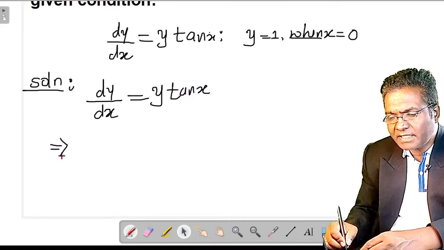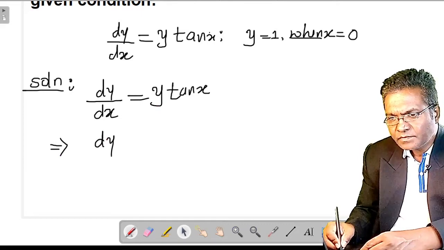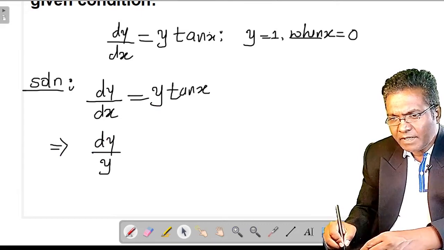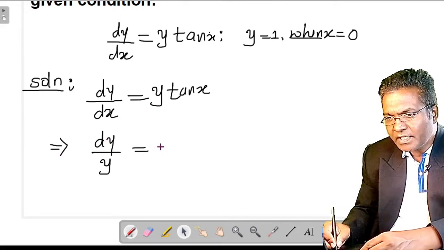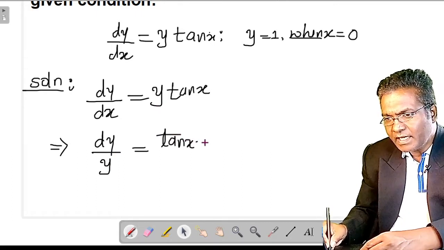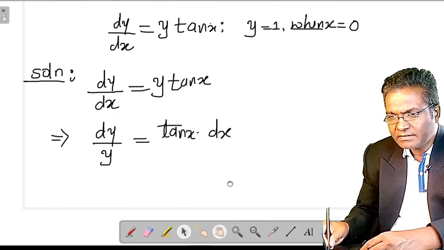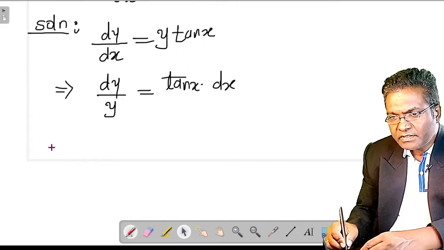As the variables get separated easily, bring y this side. So dy by y is equal to tan x into dx. Bring this dx this side.